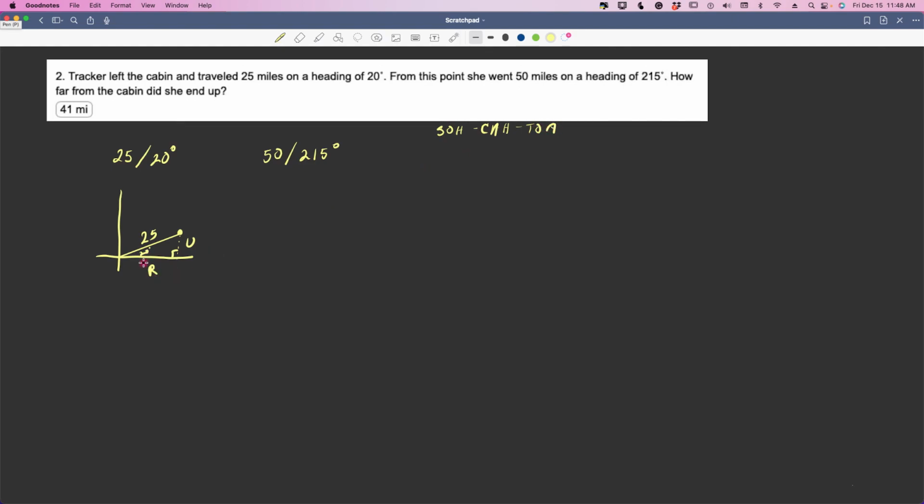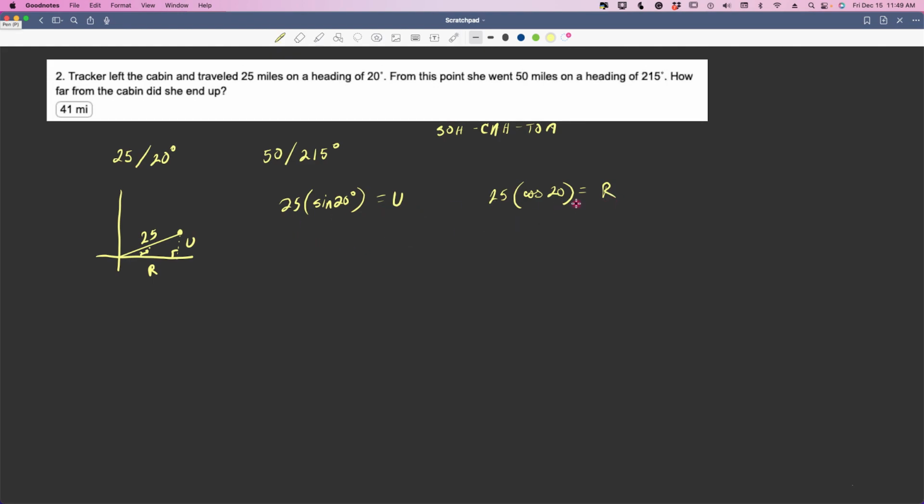Let's find u. That would be sine because that's opposite. So the sine of 20 degrees times 25 is equal to u. And to find r, we're going to do cosine. So 25 times the cosine of 20 is equal to r.